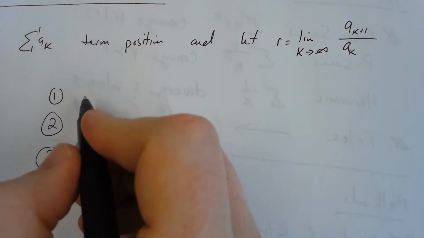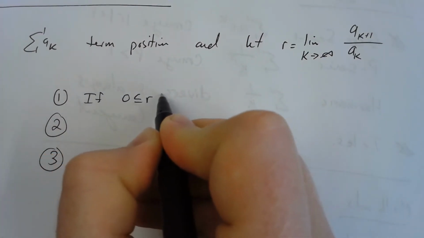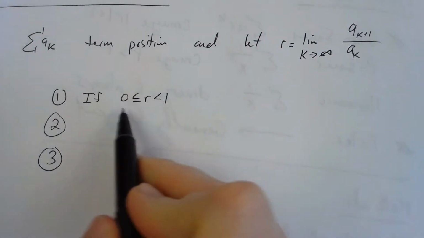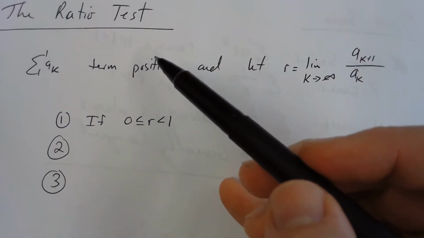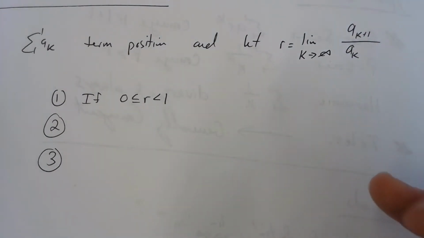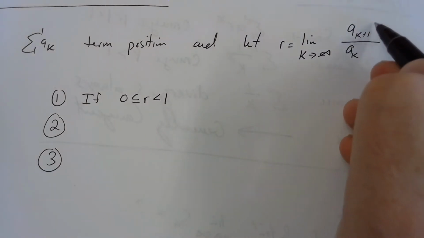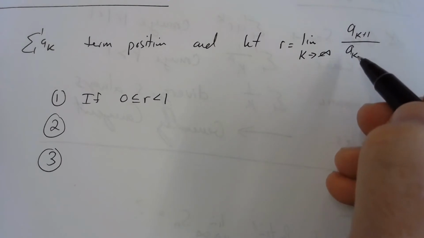The first one is if 0 is less than or equal to r, which is less than 1. Let's talk about the ratio test in terms of the hand-wavy understanding as opposed to a proof. This is the (k+1)th term of the sequence, and this is the kth term of the sequence.